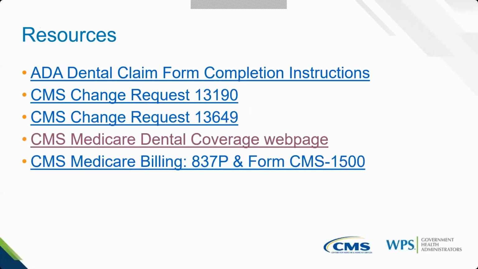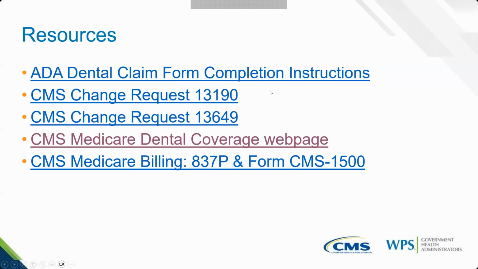Now this slide here, this is the resource slide that I mentioned, and these are the things that were used to create this presentation and where you can go to get more information on the things that we just talked about. If you downloaded a copy of the presentation, you do have the links. And so just kind of going down the line here, the first one contains some instructions on how to complete the dental claim form.